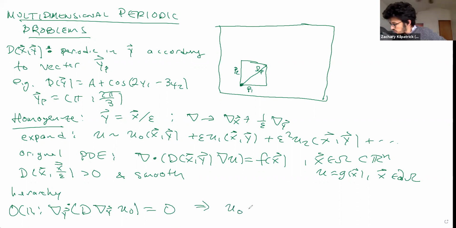And we found that u0 is just going to be a function of x in order for it to be bounded. So the key here with all of this typically is that we're requiring a bounded solution, so we're going to eliminate terms that just depend on y or y squared, because as we leave the micro scale, we're going to have to take y to infinity, and that would cause those terms to blow up.